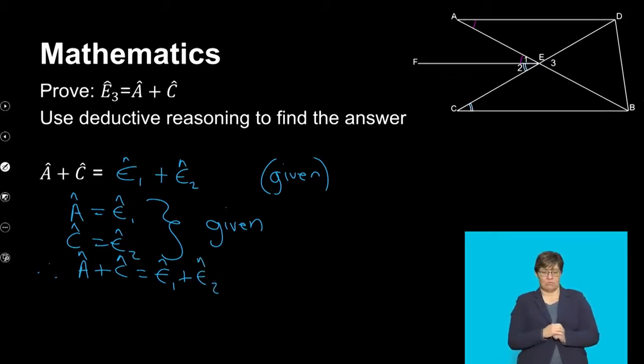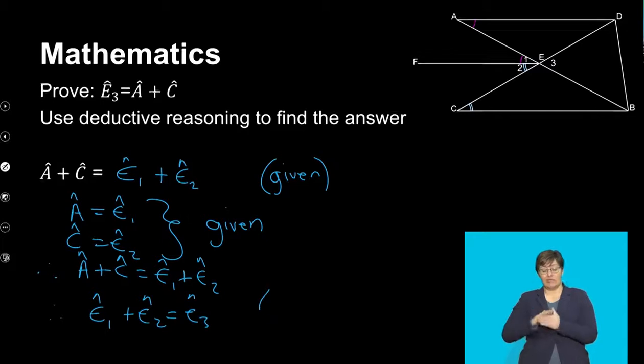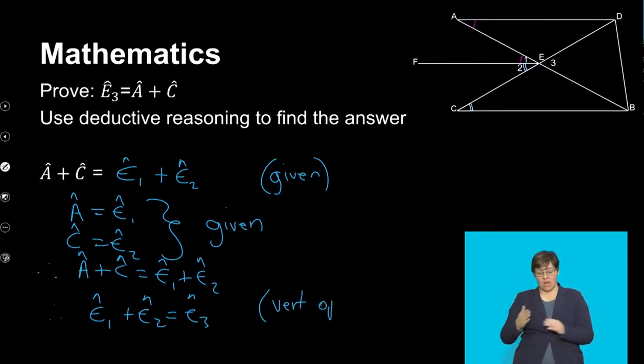For this, I don't really need a reason because it's just the deductive reasoning that we are using. Then I can make a claim: now I know that E1 plus E2 is equal to E3, and the reason for this is that they are vertically opposite angles to one another.